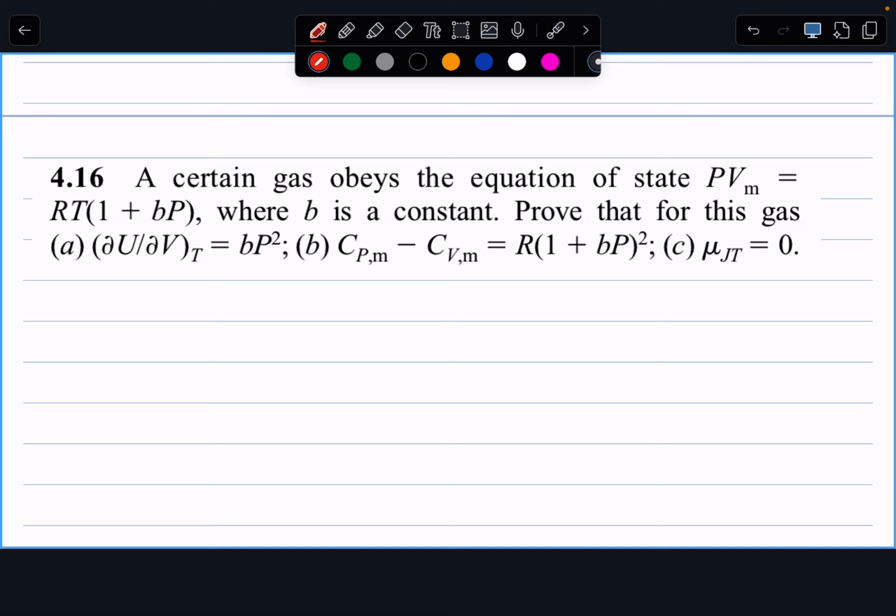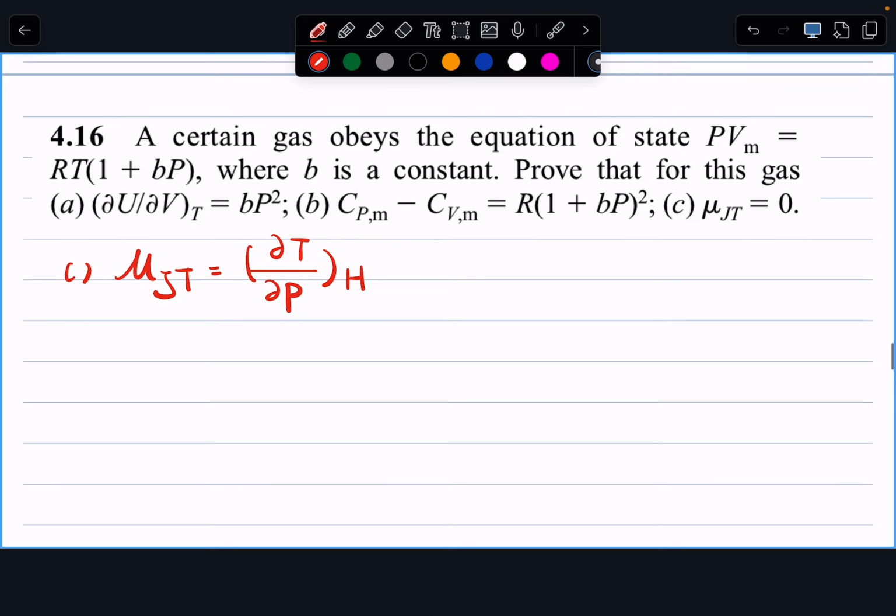So what do we know about mu JT? We first write down the Joule-Thomson coefficient, which is mu JT equals dT over dP at constant enthalpy. What else do we know? Somehow I want to use the knowledge we have, which is the equation of state.